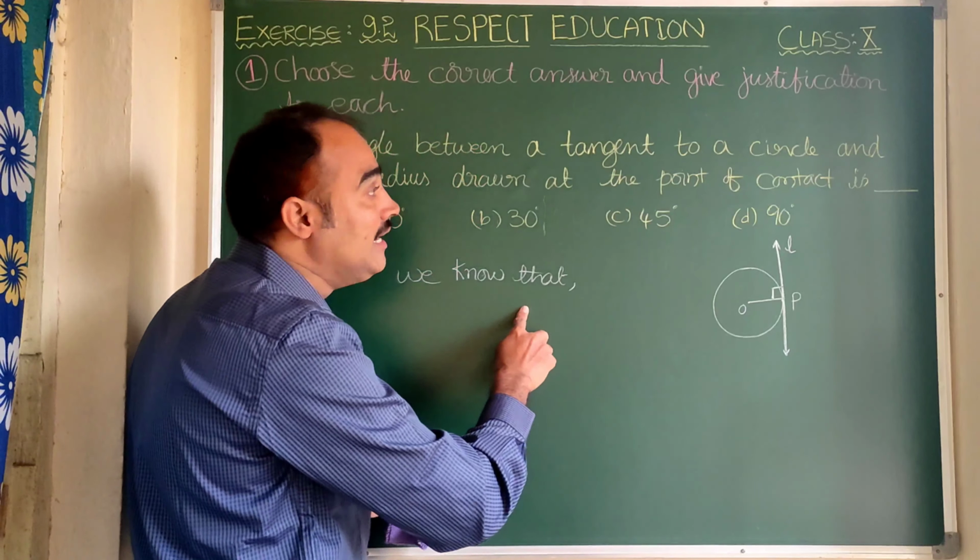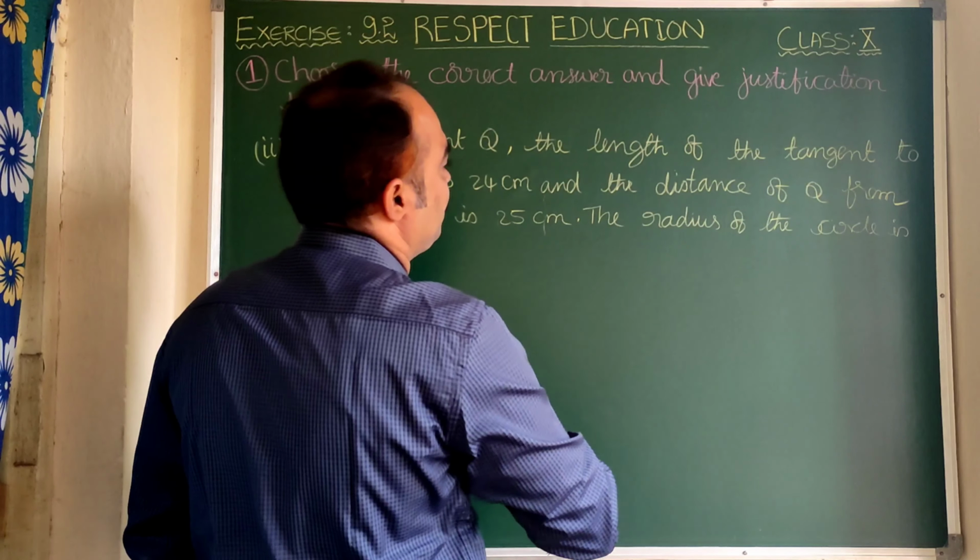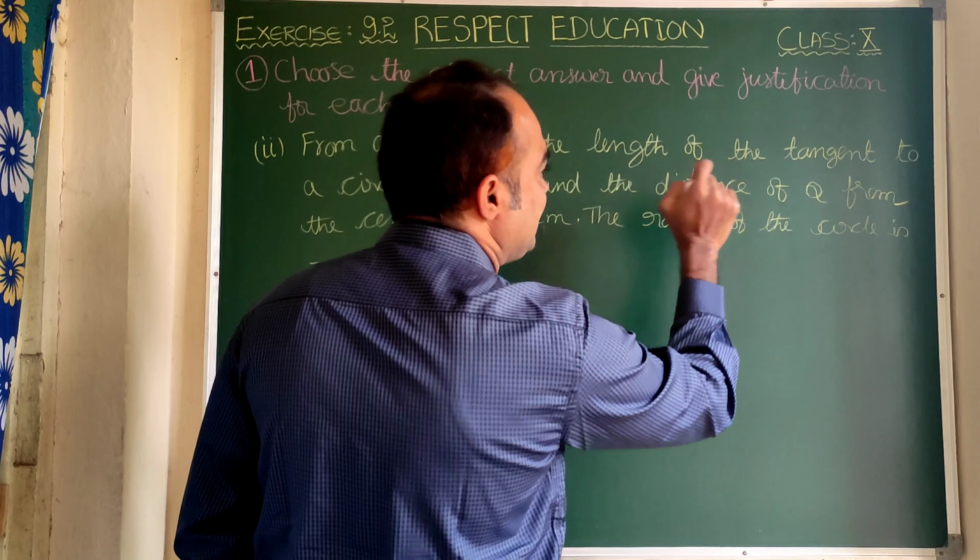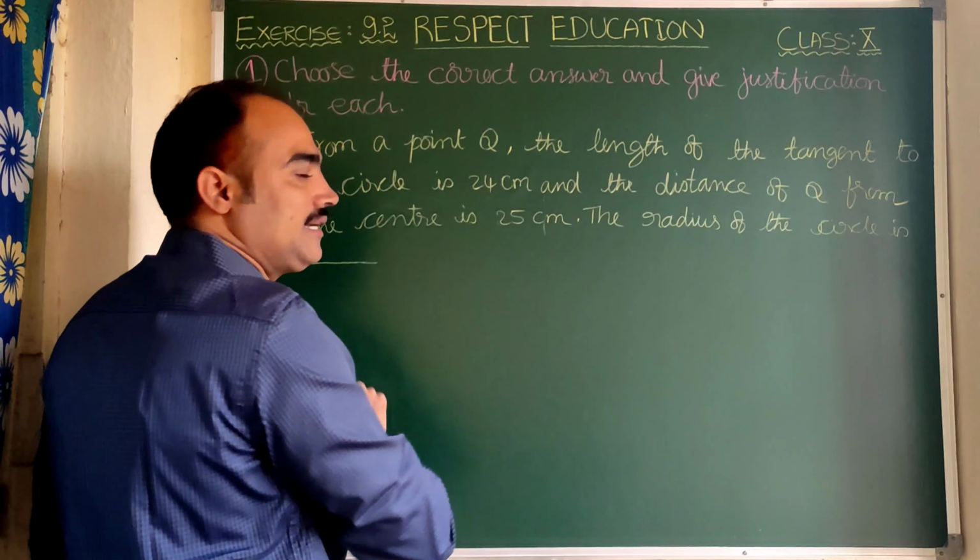Now let us see the second bit. From a point Q, the length of the tangent to a circle is 24 centimeter and the distance of Q from the center is 25 centimeter. Then the radius of the circle is dash.